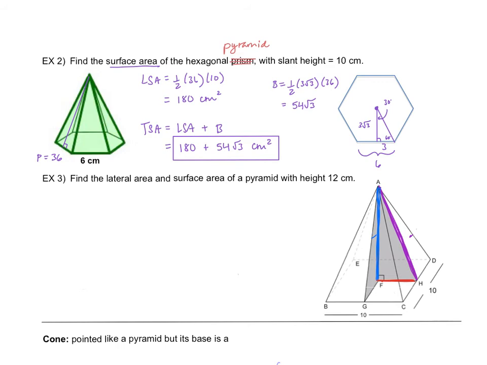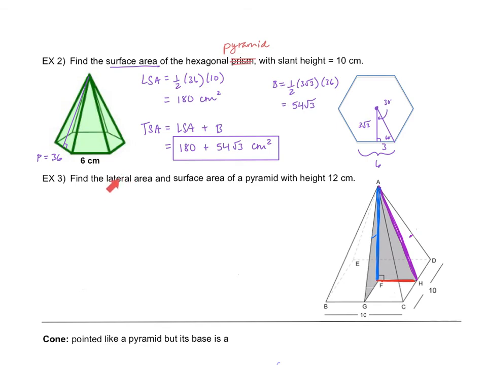Alrighty, so we have one more problem to do, and it's a little bit tougher, but I am going to start to help you out with it, and I will give you an opportunity to fill in some of the blanks and test it on your own. So let's go ahead and look at number 3. It says, find the lateral area and surface area.